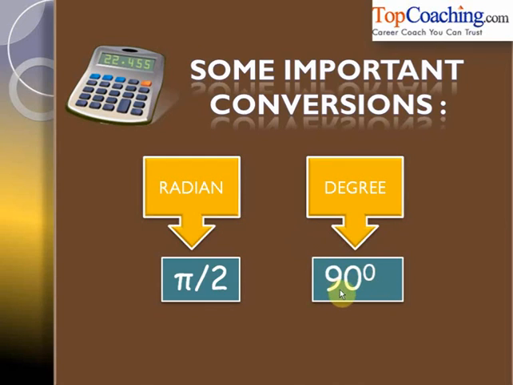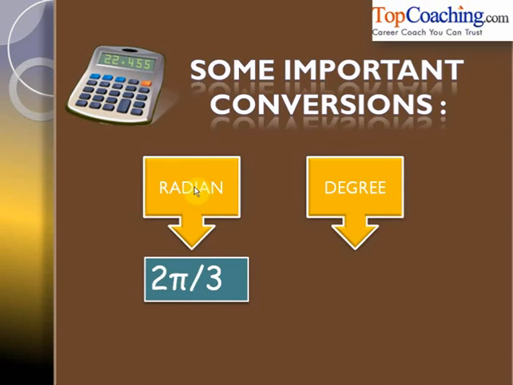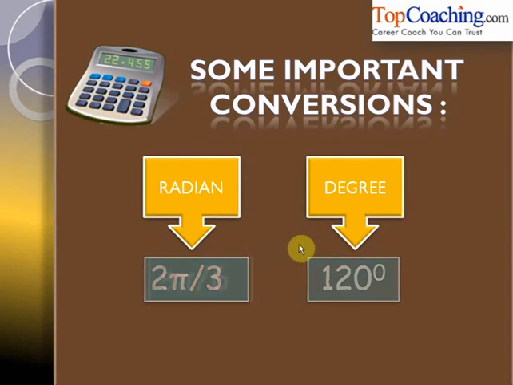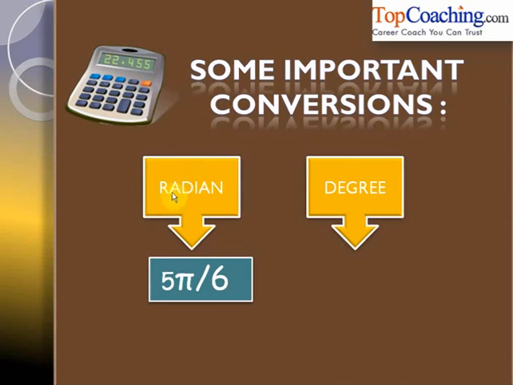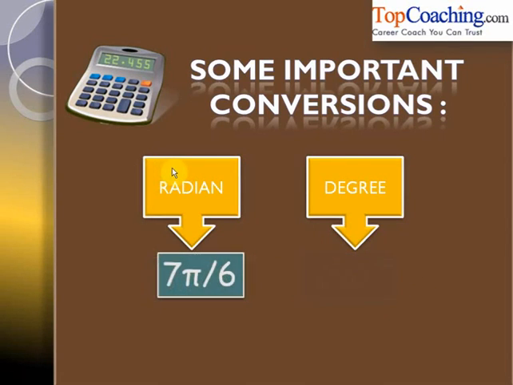Similarly, if the measure of angle is equal to 2 pi by 3 radians, then in the degree form this is equivalent to 120 degrees. Similarly, if the angle is equal to 5 pi by 6 radians, then in the degree form that would be equivalent to 150 degrees. In the radian form, if the angle is equal to 7 pi by 6, it is equal to 210 degrees.